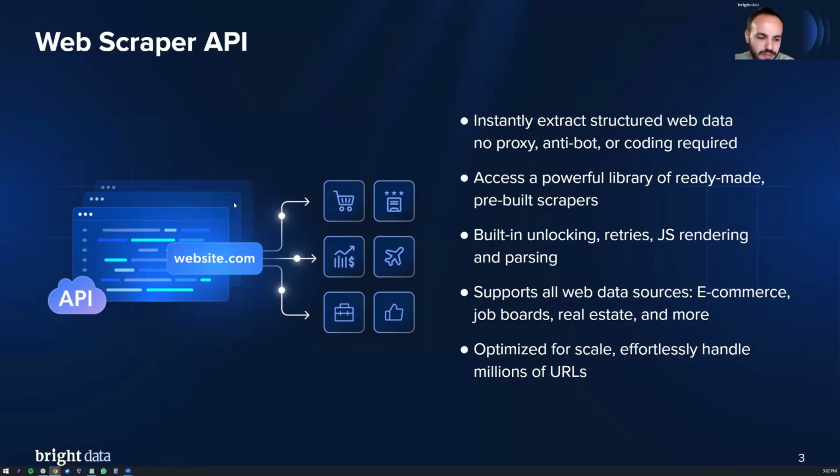Our scrapers offer a powerful and flexible way to extract structured data without the ongoing maintenance of managing proxies or dealing with anti-bot measures, fingerprinting, unlocking, or even writing complex scraper code. All of these are not needed for the WebScraper API. All of them are on us.